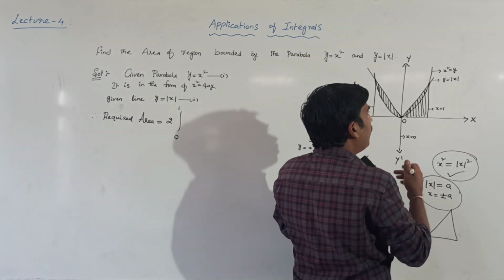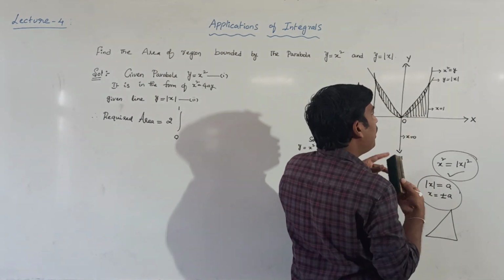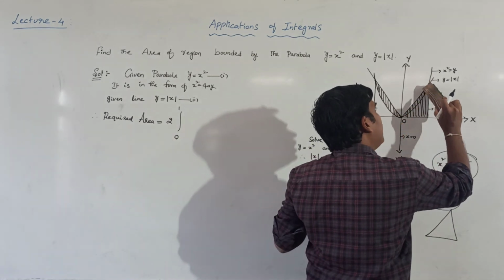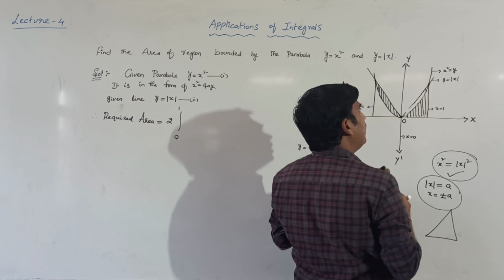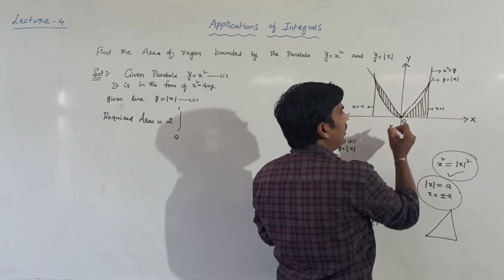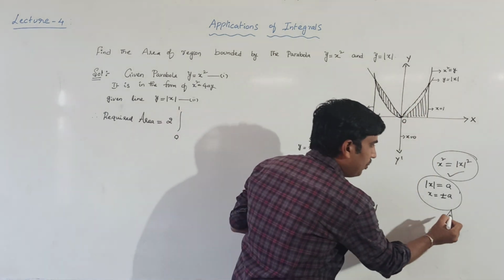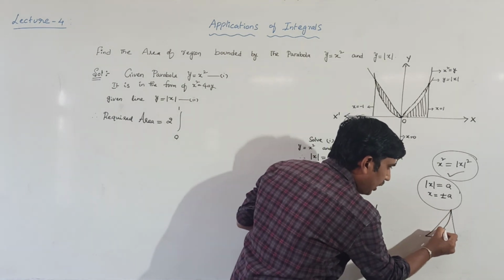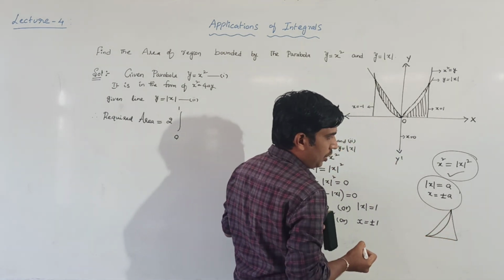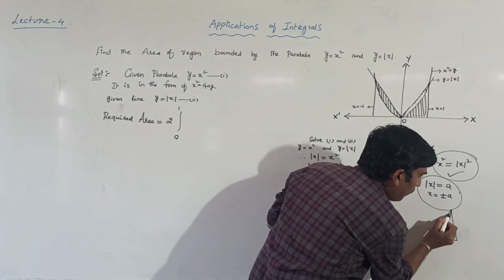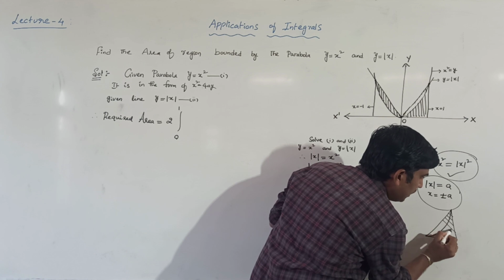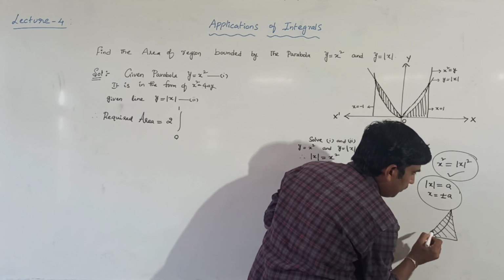Next, what is the area bounded by the curve? It is nothing but this one. Here observe in the small diagram I have drawn. First, the area bounded by the line means this is the total area.